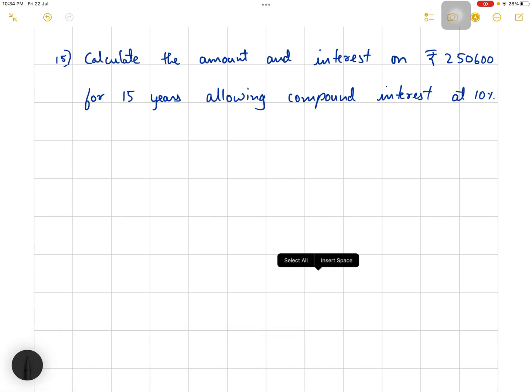Now, calculate the amount and interest on rupees 2,50,600 for 15 years, allowing compound interest at 10%. So here P is equal to rupees 2,50,600.